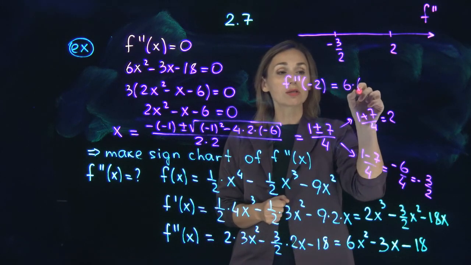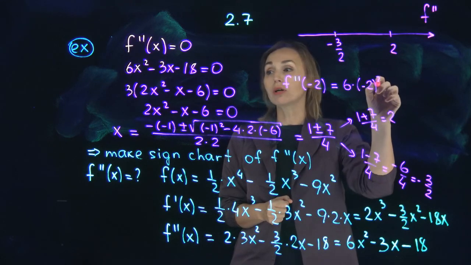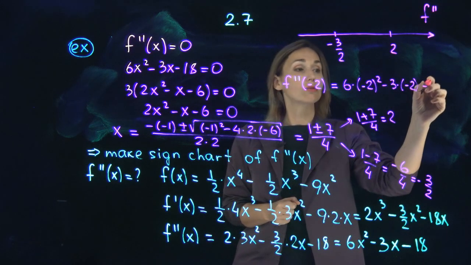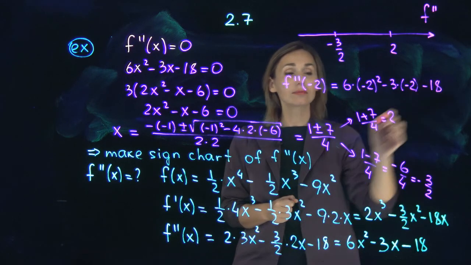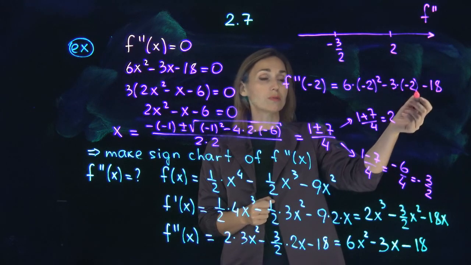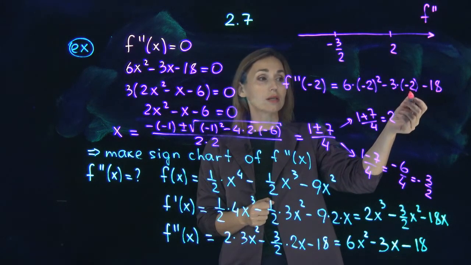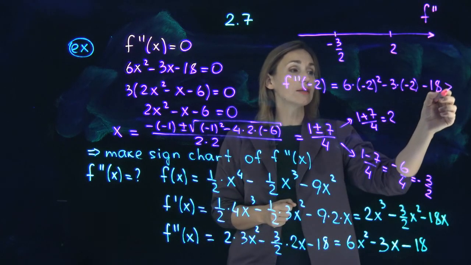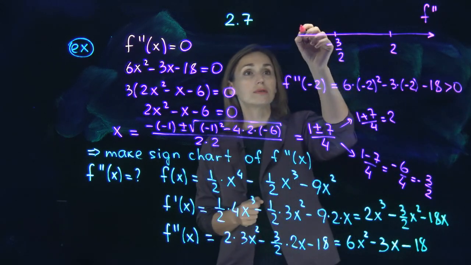Six times negative 2 squared minus 3 times negative 2 minus 18. 6 times 4 is 24, minus minus is plus, so plus 6. You get positive 30 minus 18, so the result is positive.